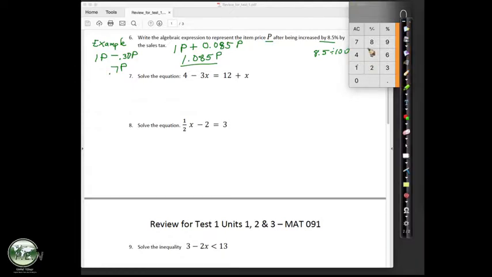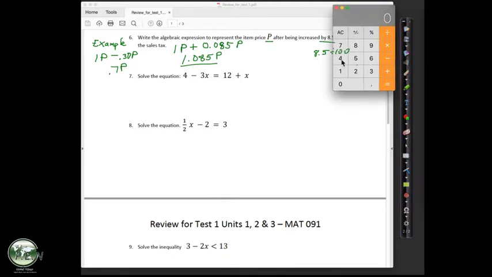So if I take 1 minus 0.3, I get 0.7. Or 100 minus 30 is 70%, so as a decimal, that'd be 0.7.